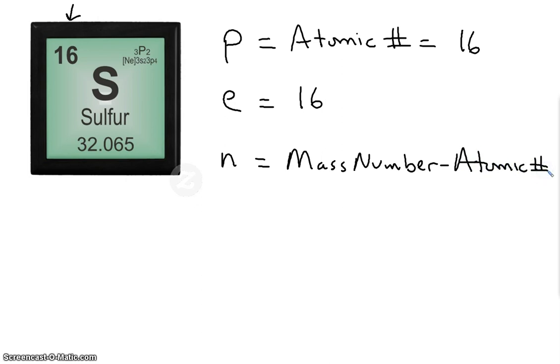And in this case, the mass number down here is going to be 32. And again, we'll round to a whole number, as we'll see in a little bit, minus 16. So in this case, it works out that the number of protons, electrons, and neutrons are all the same with 16. So let's try one more.